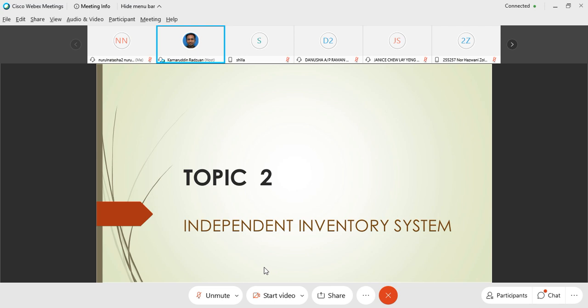We have a number of departments in the organization. So how does each department do their function to contribute to the effectiveness of inventory management.